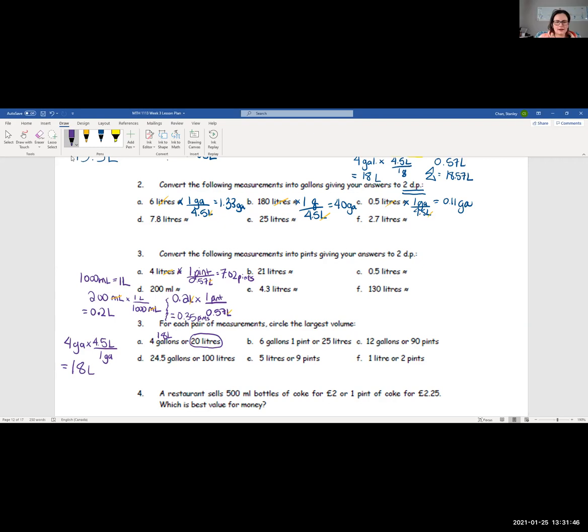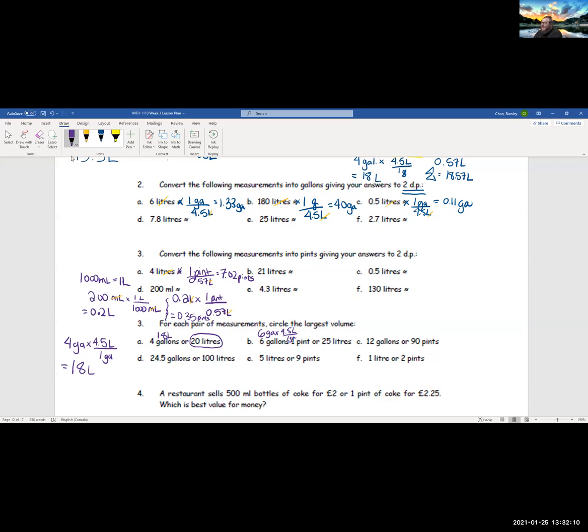Yeah, exactly. So 6 gallons times 4.5 liters per 1 gallon. What does that equal? So what's 6 times 4.5? 27.